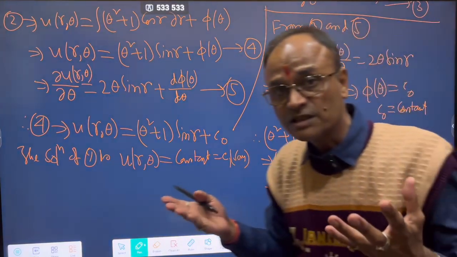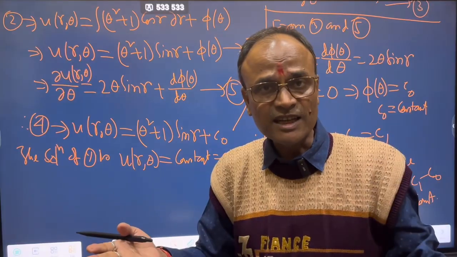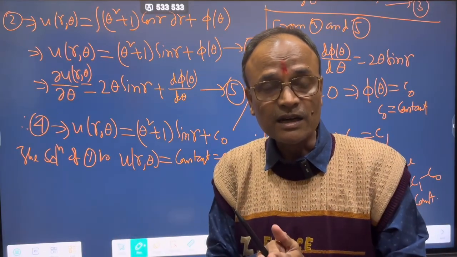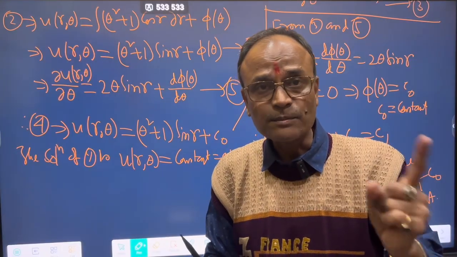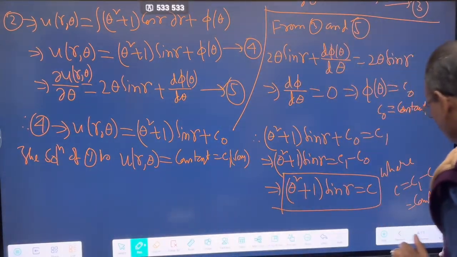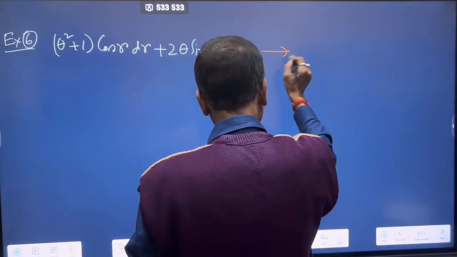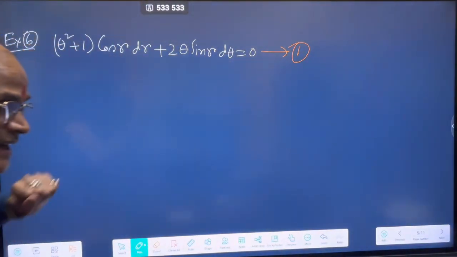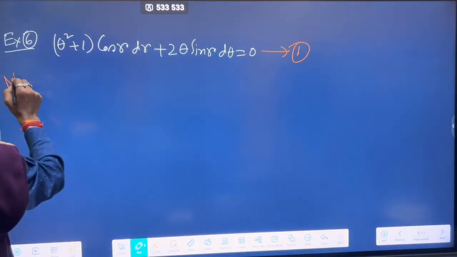This is the solution of the given differential equation. We have solved this differential equation by method 1. Let us try to solve this differential equation by method 2 and by method 3. This is an exact differential equation. Therefore, method 2.